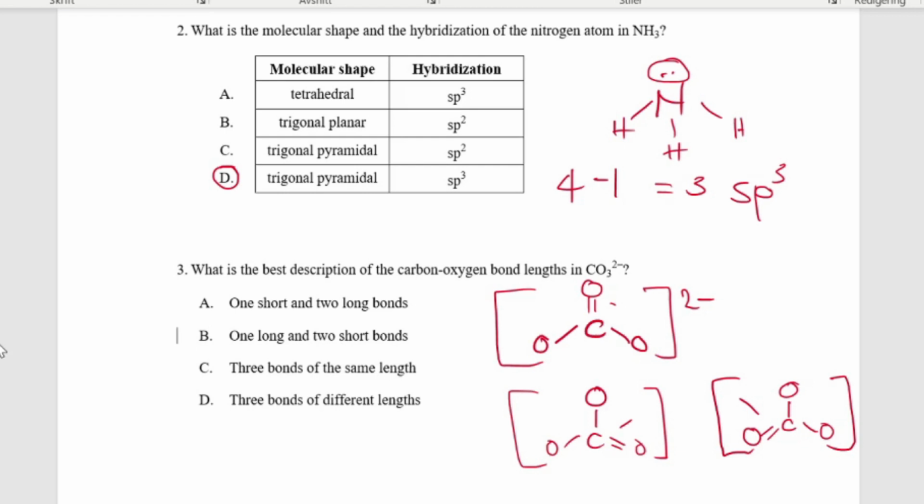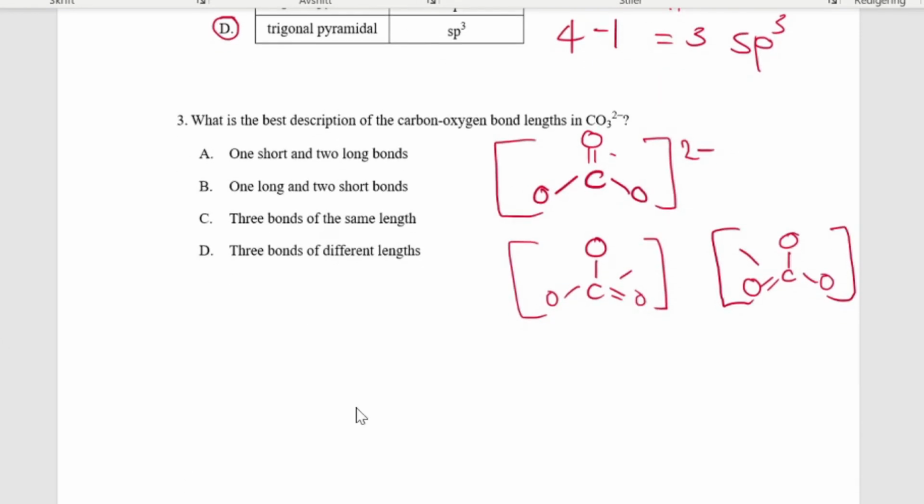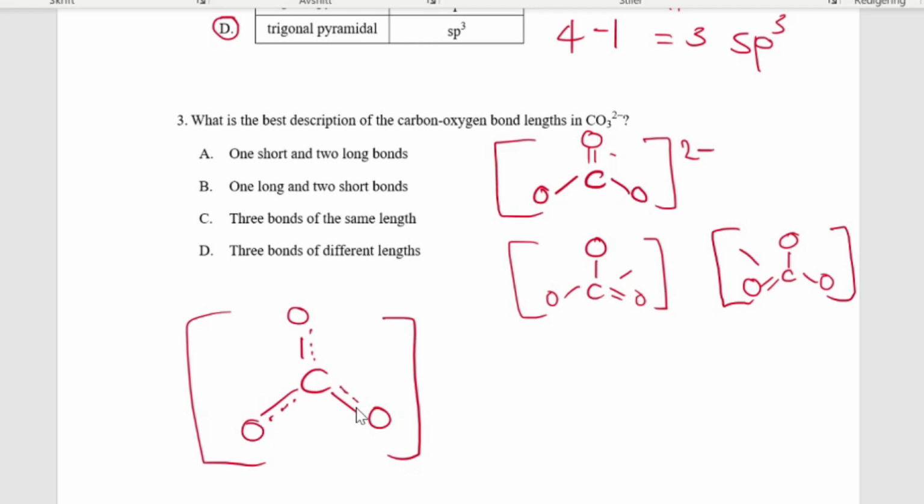The resonance hybridized structure of carbonate is drawn as this, and this means all bonds are equivalent.